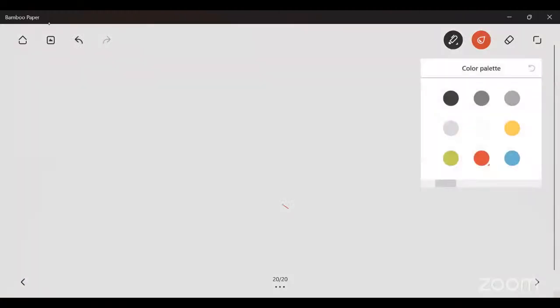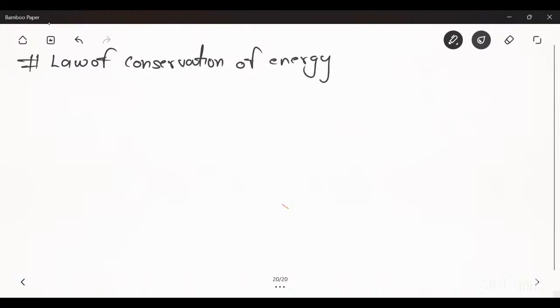Okay, now the relation between potential energy and kinetic energy. Before that, come to the main part, the law of conservation of energy. What does it state?